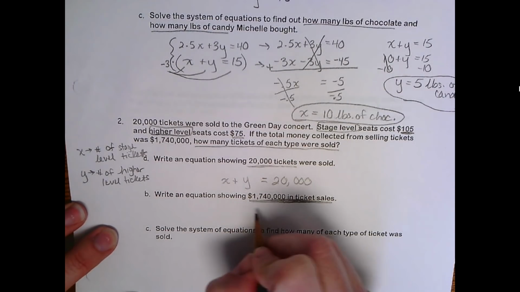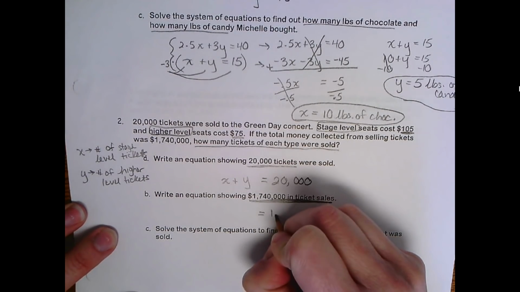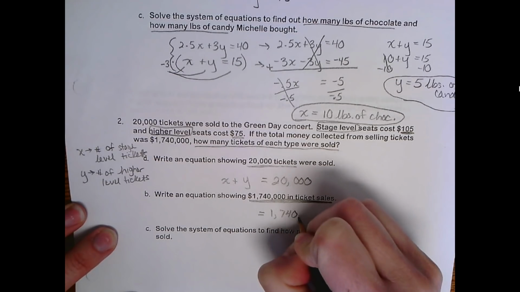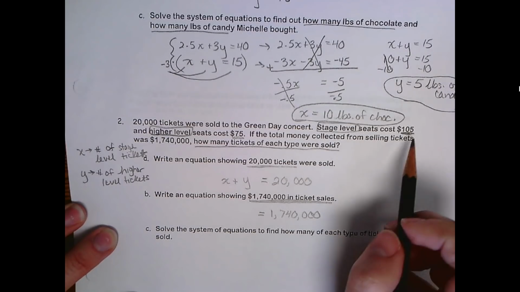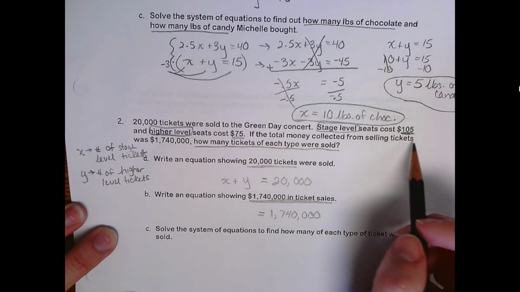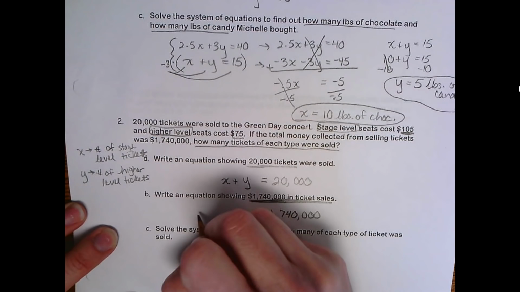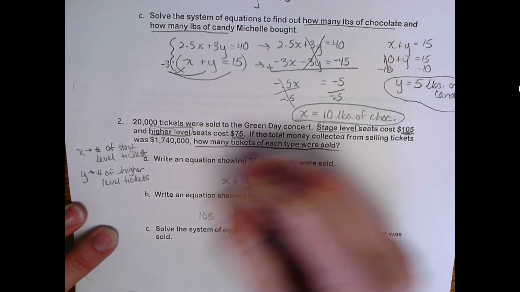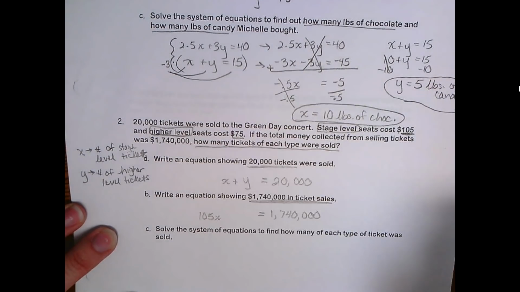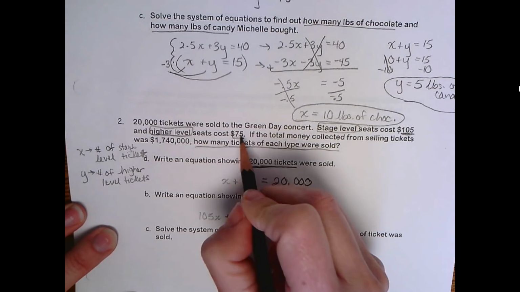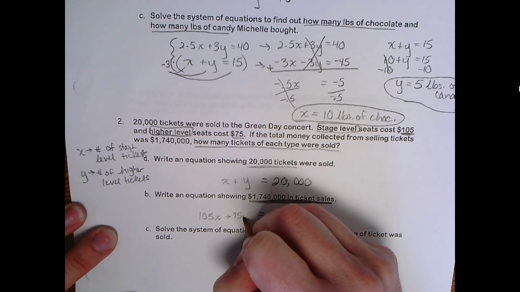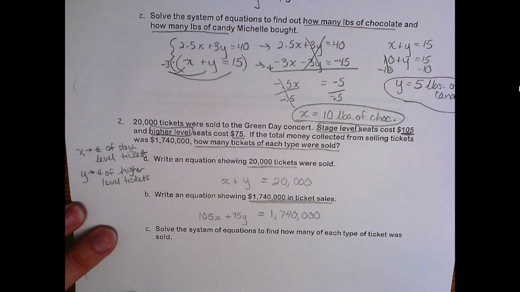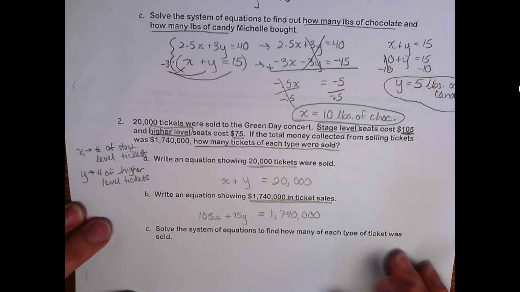So here again, it needs to total 1,740,000, and I need to take the cost times the number of each ticket sold. So 105 for my stage level. Stage level is X, so 105X plus $75 for the higher level, plus 75 times the number that I bought, which is Y. So there's my second equation.